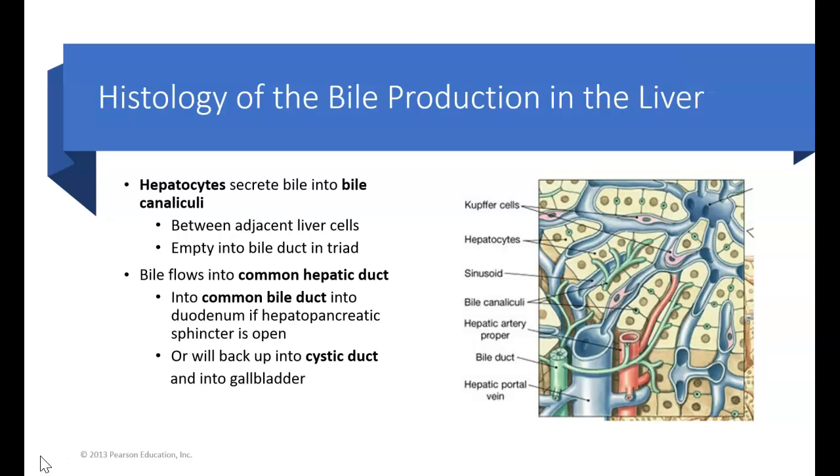Those bile ducts will then unite to form a large right and left hepatic duct, which will merge and exit the liver as the common hepatic duct. That duct will join with the cystic duct from the gallbladder, and this forms the common bile duct through which bile flows into the small intestine.